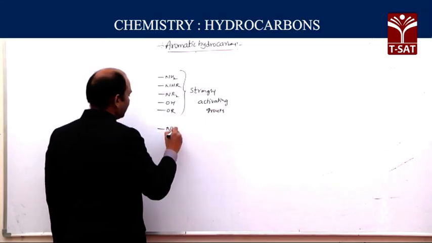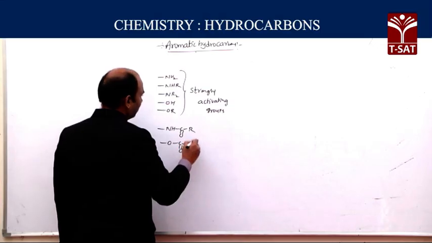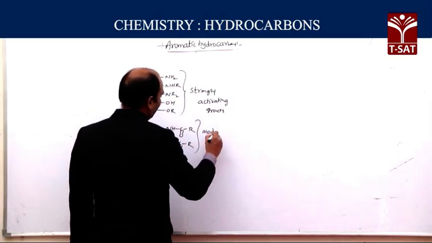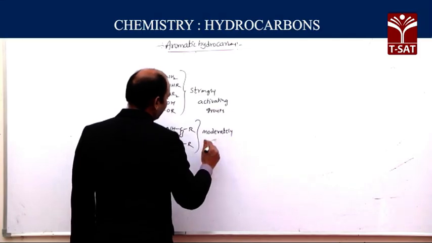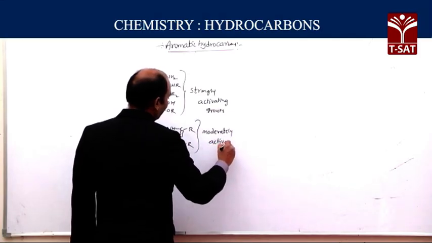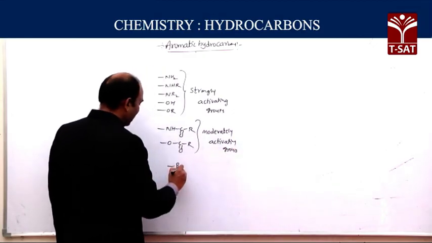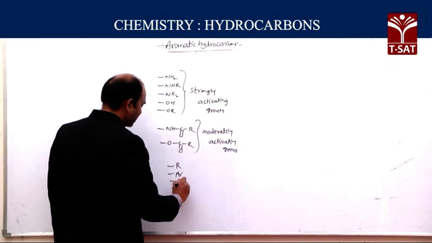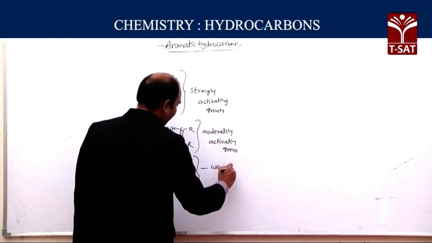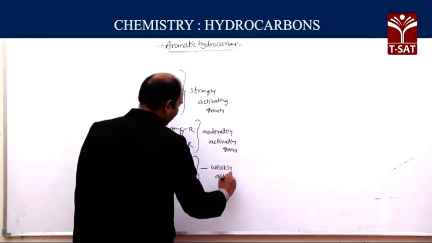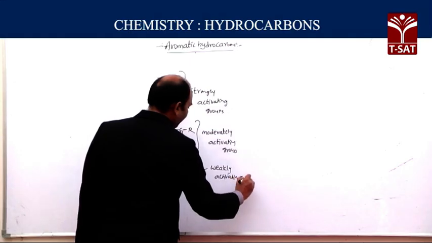Similarly, NHC=OR, OC=OR, these are moderately activating groups. Next, R, Ar, CH=CH2, these are weakly activating groups.